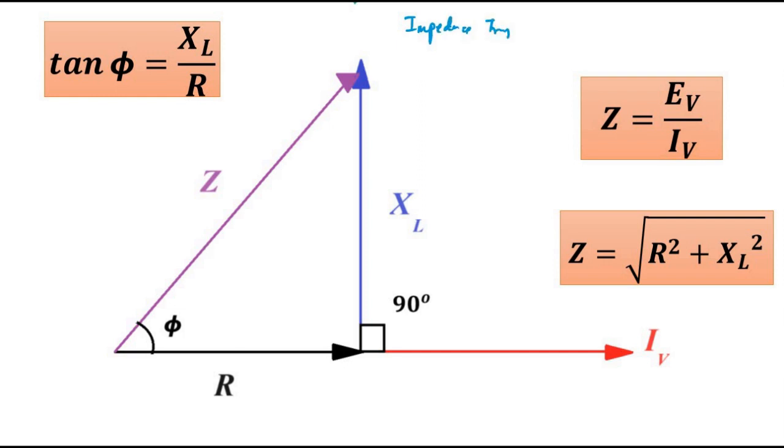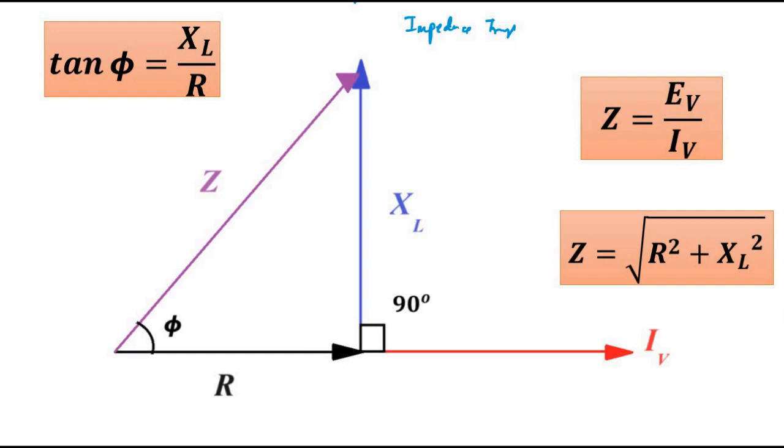Here by mistake I have included an extra current label, so just disregard it, as it will only create confusion. Only the triangle Z, R, XL is there.